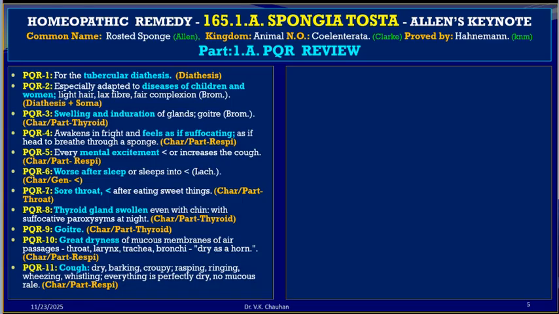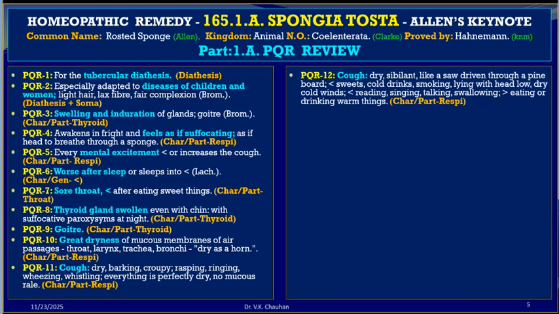Friends, we go to PQR11 and it tells us about the cough, dry, barking, croupy, rasping, ringing, wheezing, whistling. Everything is perfectly dry, no mucus rales. There are no wet sounds, there are no crepitations, only rhonchi are present, and this is a characteristic particular general symptom belonging to respiratory system.